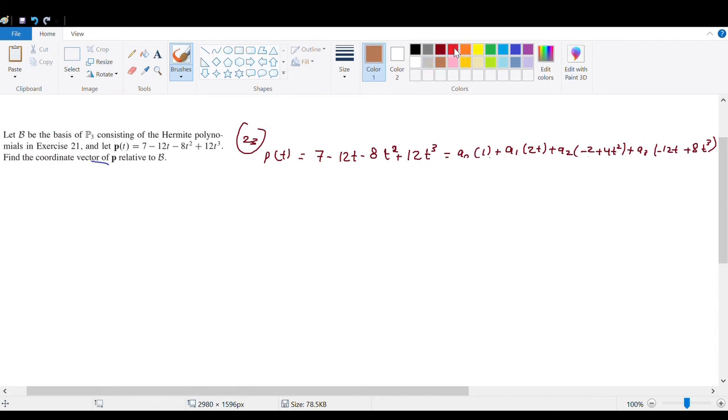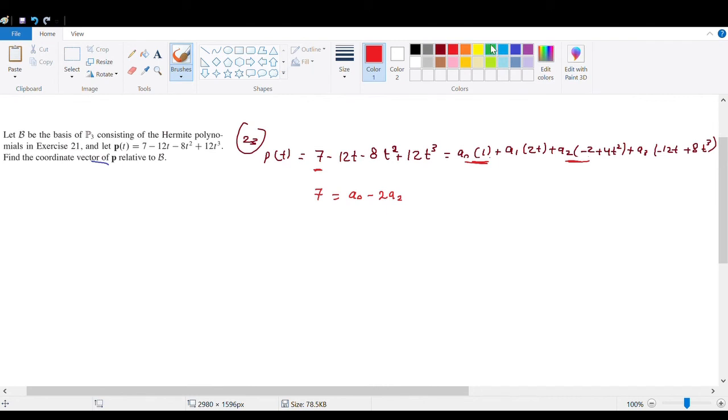Now we need to compare the coefficients of this polynomial and this one. First, the constant here is 7, and the constant on the other side is a0 multiplied by 1, and minus 2a2. So 7 is equal to a0 minus 2a2.